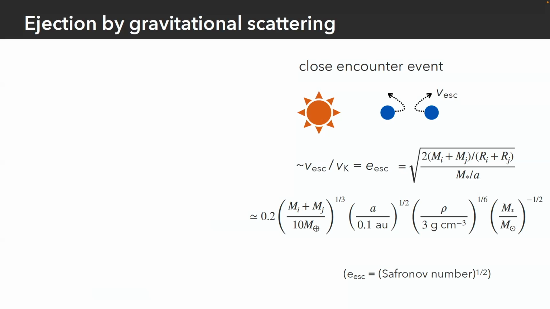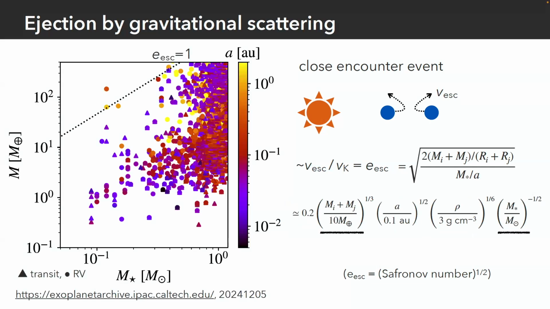As you can see, there is dependence on planetary mass and stellar mass. If we set this escape eccentricity equal to unity, we can draw a line like this.